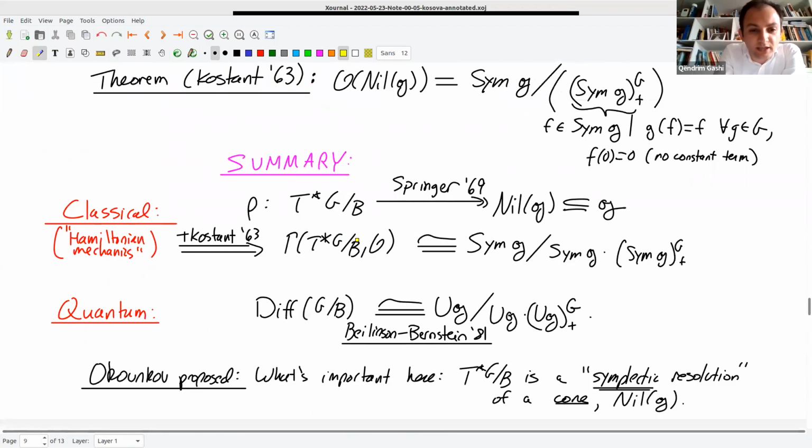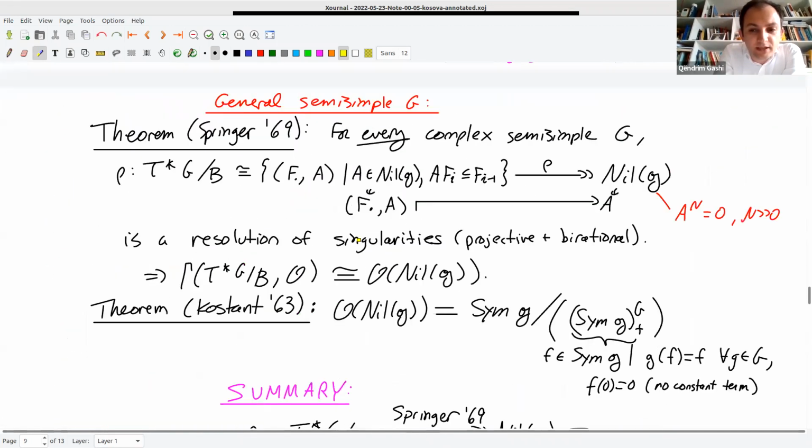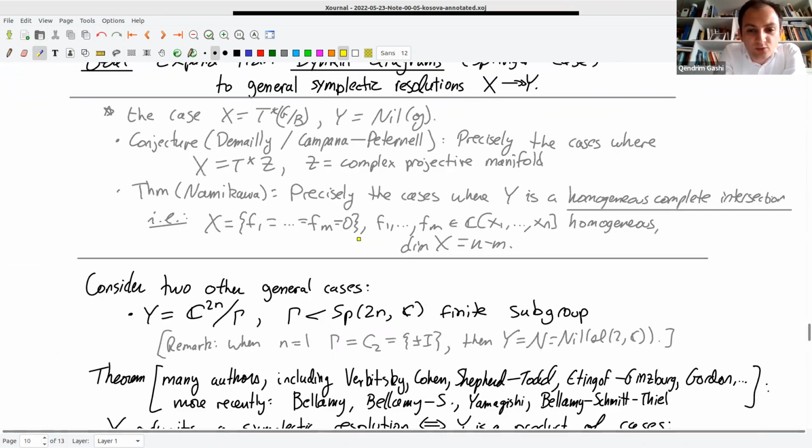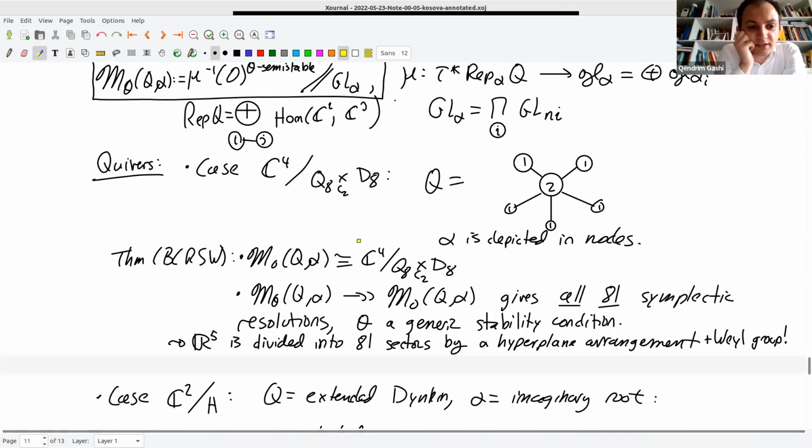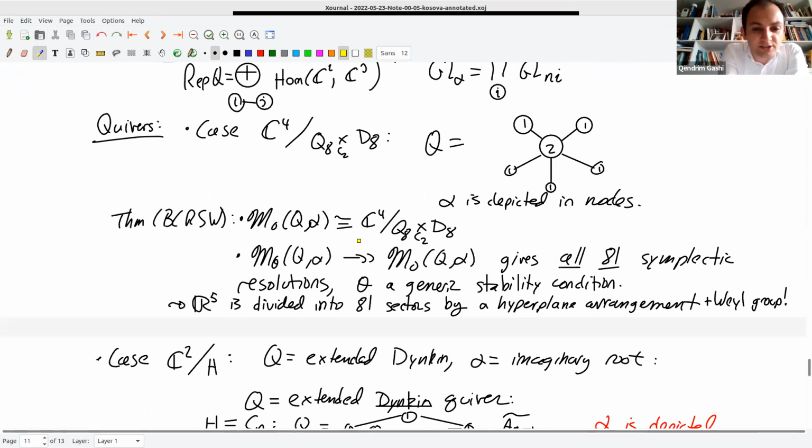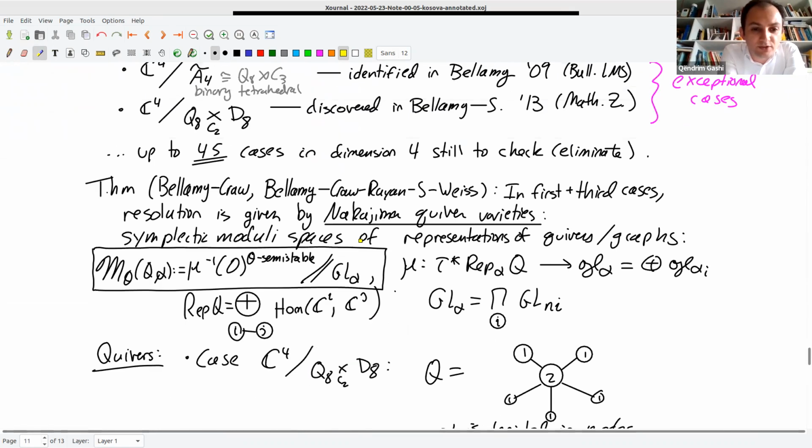Can you just scroll down a little bit to where you mentioned the Nakajima quivers? Yes. I didn't explain what they were, of course, but these are some moduli spaces. Is that the question?